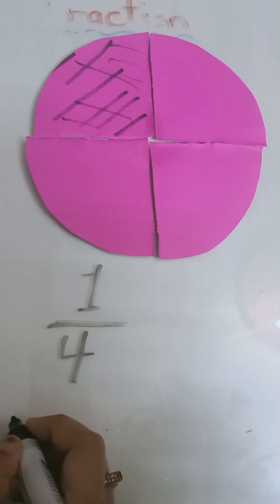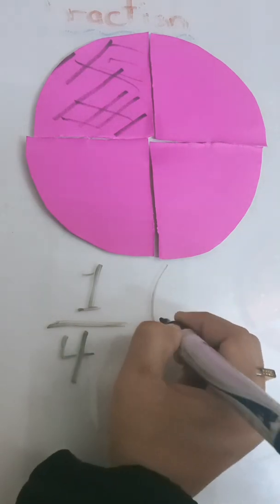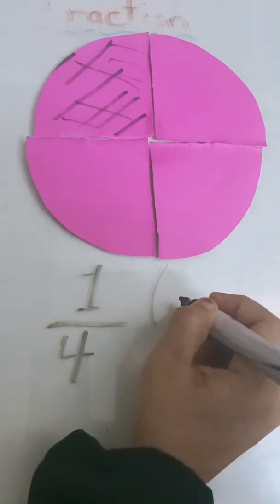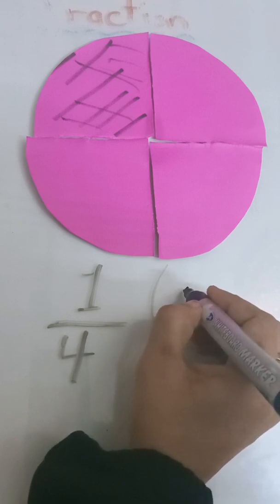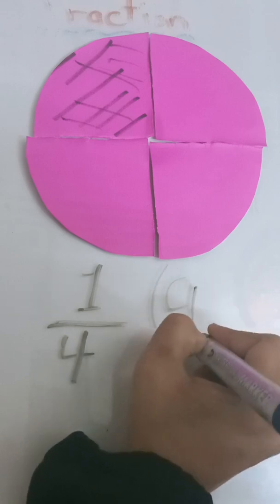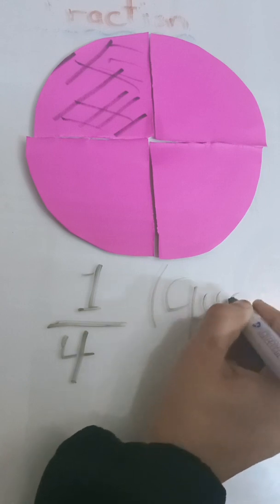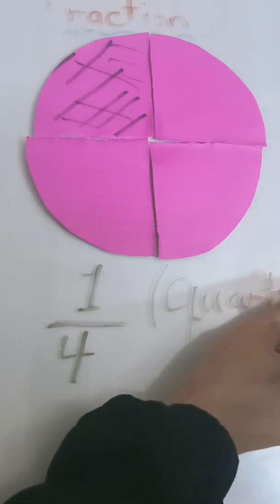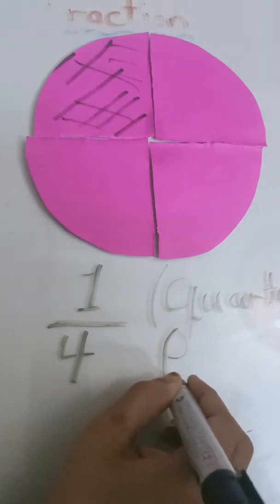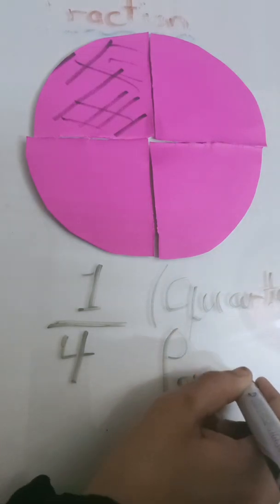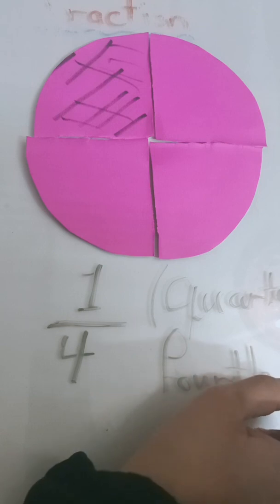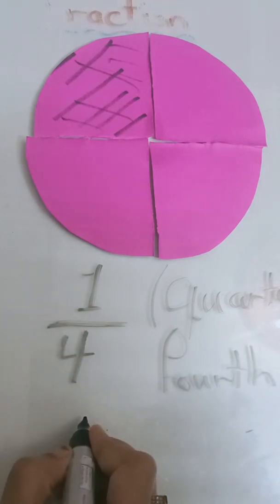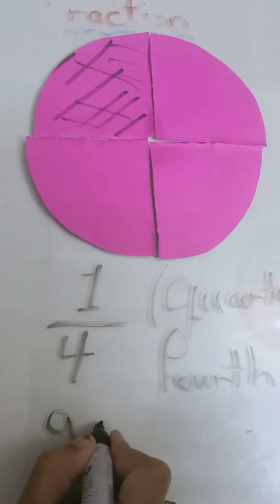Okay, how to write it? To read it. Miss, we can write quarter or fourth or a quarter.